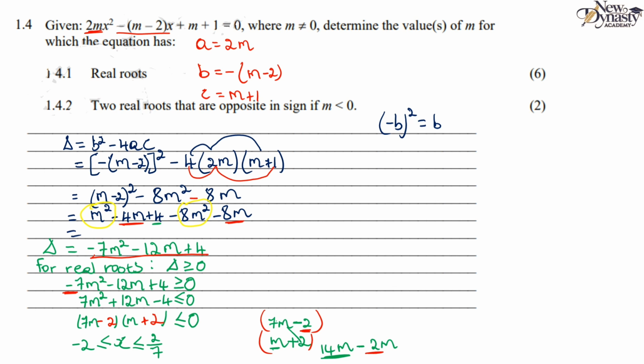So the next question says you're still determining the values of m for which the equation has two real roots that have two opposite signs. So it should be two real roots that are opposite in signs if m is less than 0.